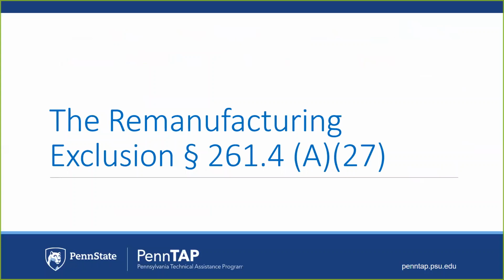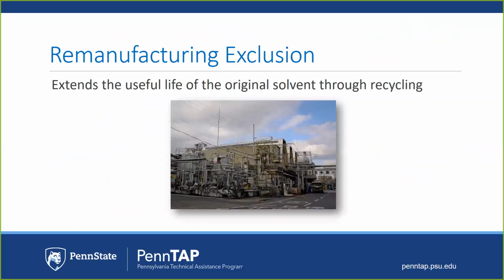I would like to turn now to the remanufacturing exclusion and its requirements. The remanufacturing exclusion focuses on the recycling of particular solvents. This exclusion was not part of the 2008 version of the DSW.